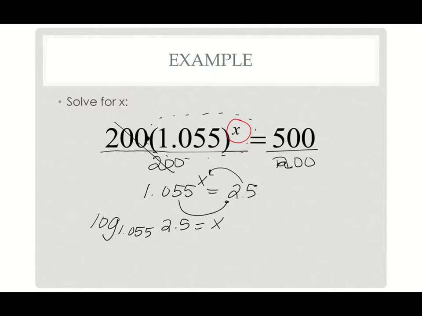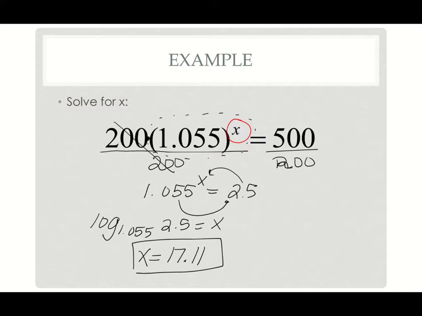I can hit math, scroll down till I see log base, and then my base is 1.055, and it is of 2.5. When I type that in, I get x is equal to 17.11. So if I raise it to the 17.11 power, I would get approximately 500.